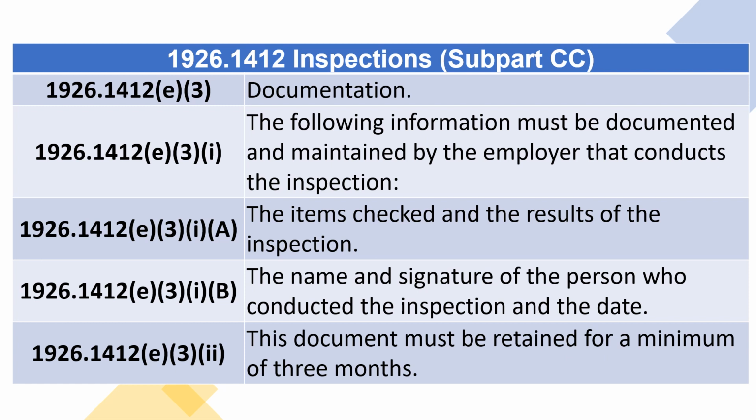The following information must be documented and maintained by the employer that conducts the inspection: (A) and (B). The items checked and the results of the inspection. The name and signature of the person who conducted the inspection and the date. 1926.1412(e)(3)(ii). This document must be retained for a minimum of 3 months.